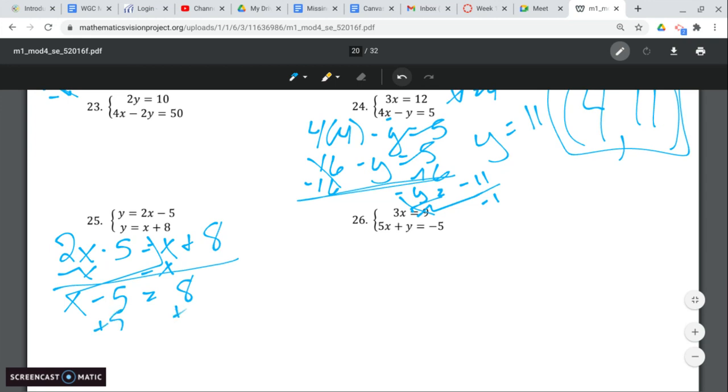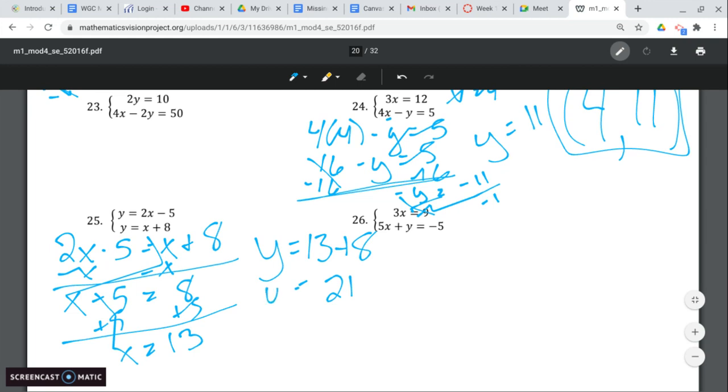Add the 5 over. So x equals 13. Now we plug this 13 back in for x in one of our two equations. I'm going to plug it into the bottom one. So y equals 13 plus 8. 13 plus 8 is 21. So y equals 21. So my ordered pair is 13, 21.